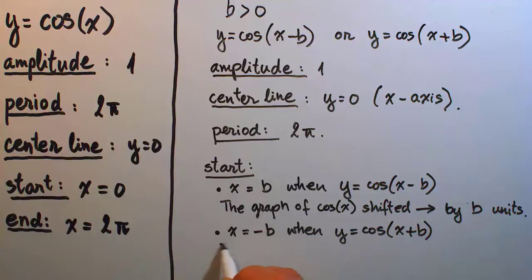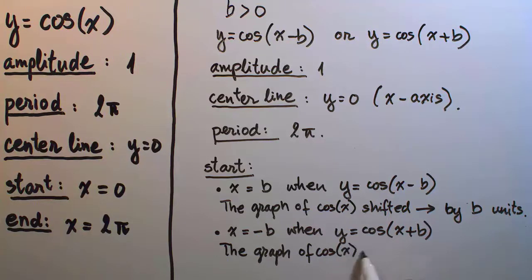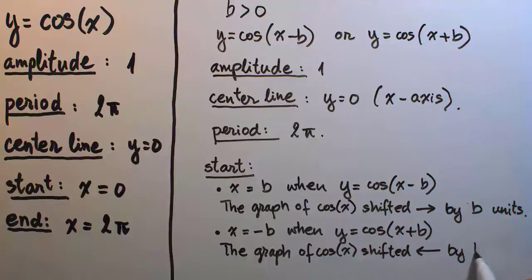Another way of thinking is that the graph of this cosine of x plus b is the same as the graph of cosine of x, but shifted to the left-hand side by b units horizontally.